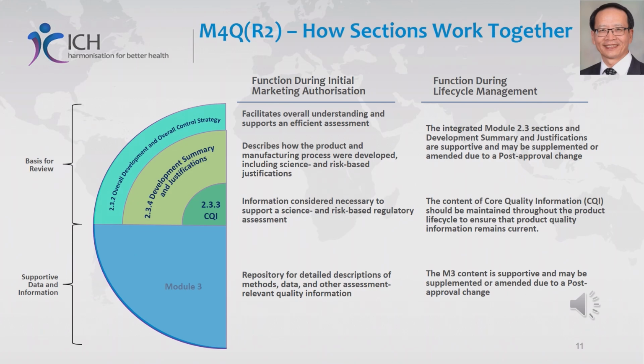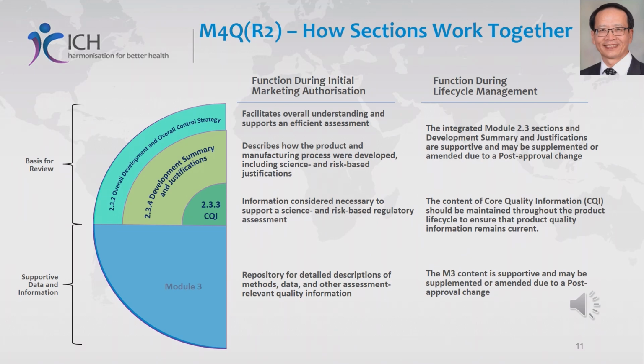During the phase of the initial marketing authorization, the integrated Module 2.3 sections facilitate overall understanding and support efficient assessment, which includes Section 2.3.3 core quality information and Section 2.3.4 product development and justification, and Module 3, which serves as a repository for detailed descriptions, methods, data, and so on.